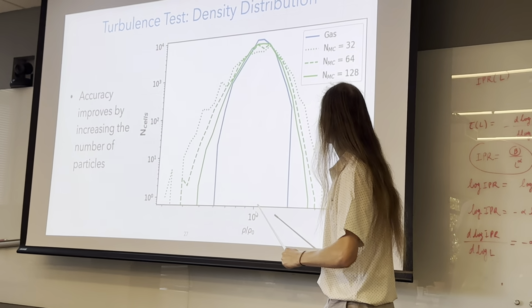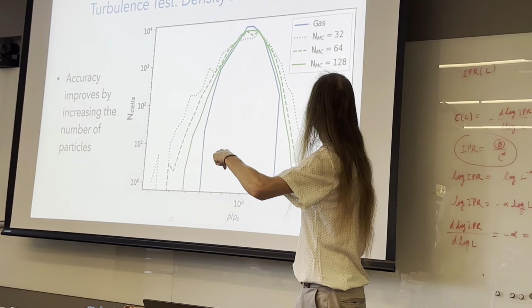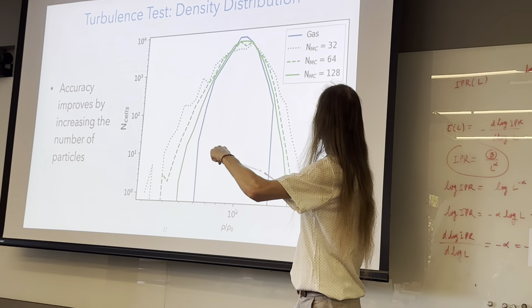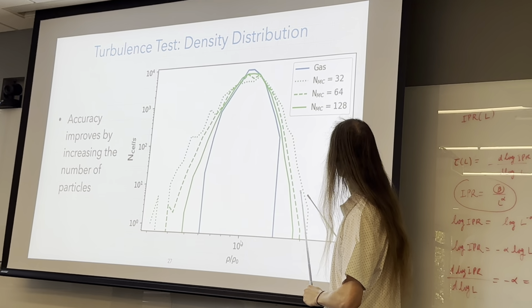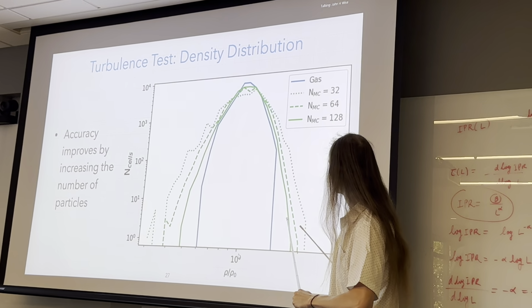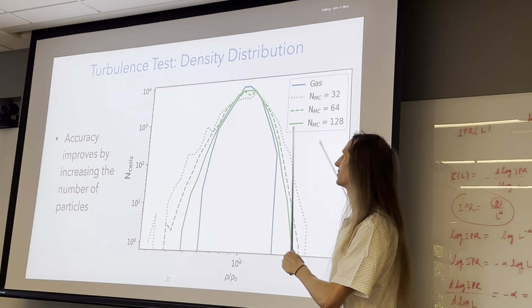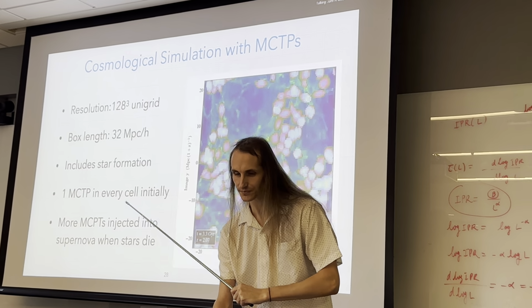So this blue line shows the density distribution, like a probability distribution. The blue line shows the gas density, kind of a true value. And then these dotted, dashed, and solid green lines approach the gas density as we increase the number of particles. So that's one way to increase the accuracy of the particles.